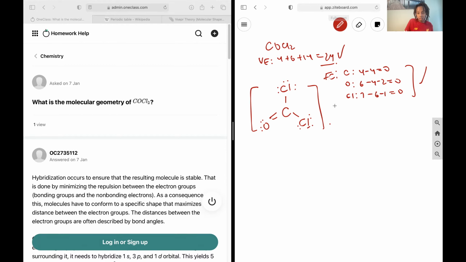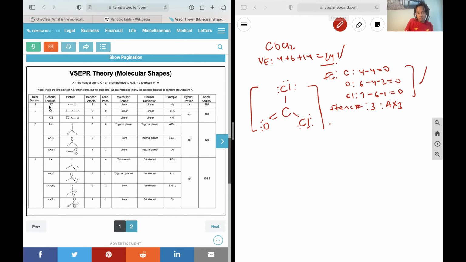Now let's go about finding the steric number. Carbon only has the 3 groups attached to it, no lone pairs, and so its steric number is going to be 3, and its notation will be AX3 because there are 3 bonding pairs and no lone pairs. We come back to our VSEPR theory. Total domains are 3, so its electronic geometry is trigonal planar.